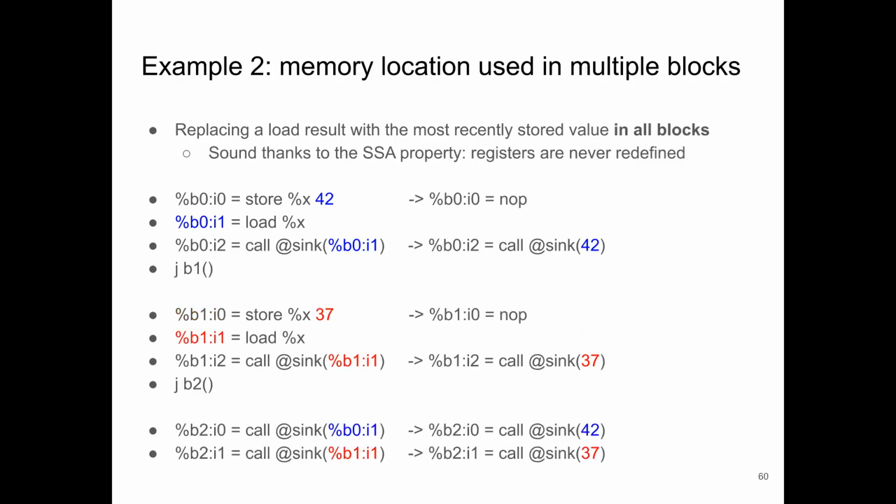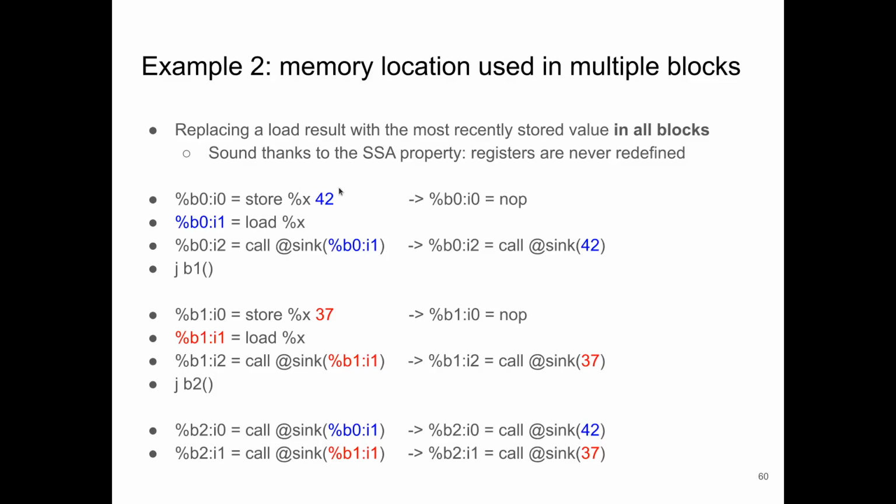So there's nothing that changes too much, even if multiple blocks are involved in this optimization. So here's an example again with loads and stores to the variable, the pointer to the variable x here. And here, the algorithms are almost the same. We are scanning through each block.